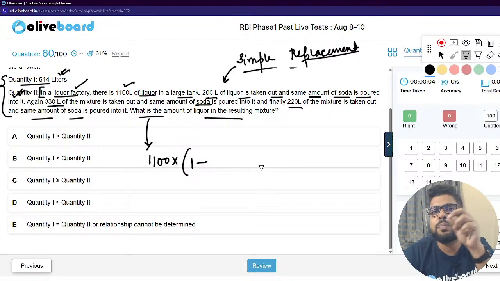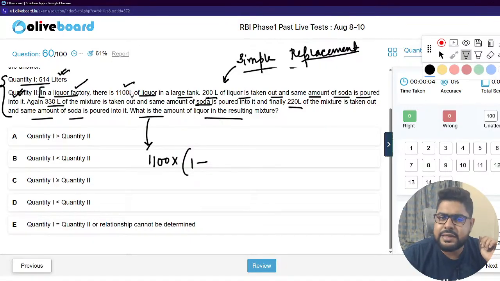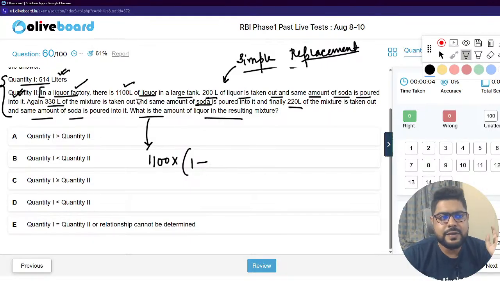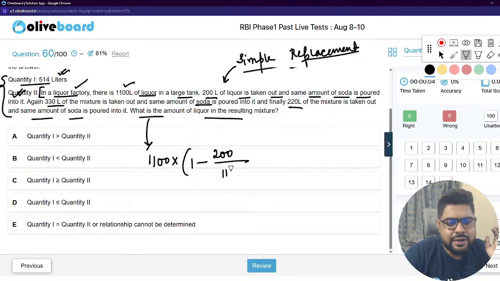So use the compound interest formula, because that formula is actually about how much we are taking out or putting in. Here it is taking out, that's the only modification we will make, it will be minus instead of plus. 200 liters have been taken out of 1100 liters.